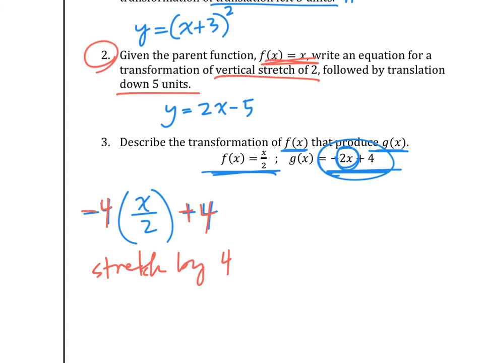And then I attach a negative on the outside of the function. Negative on the outside of the function means what? Reflect over the x-axis. And then the next thing is what? I have a plus 4. But the plus 4 is outside of the function, so up 4. So this is how you get from f to g.